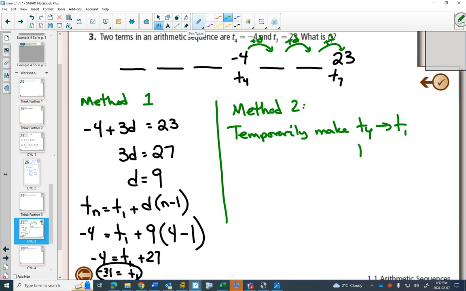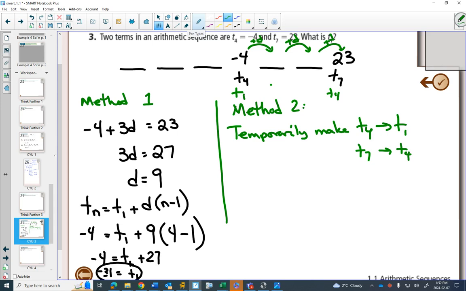And temporarily make term 7 then term 4. What we're basically doing is saying I'm going to ignore that there were 3 numbers to start off with. I'm going to think this is term 1, term 2 I don't know, term 3 I don't know, and this is term 4.